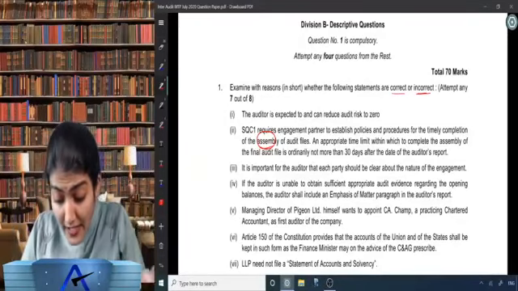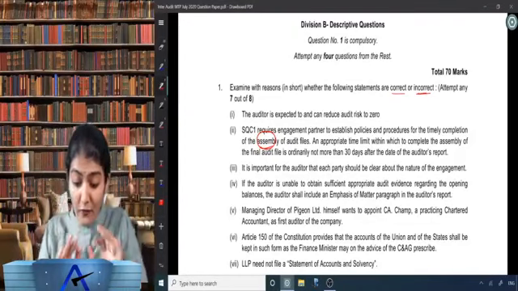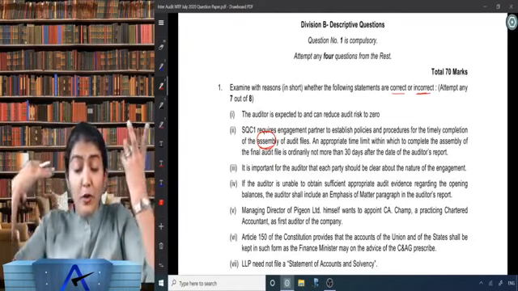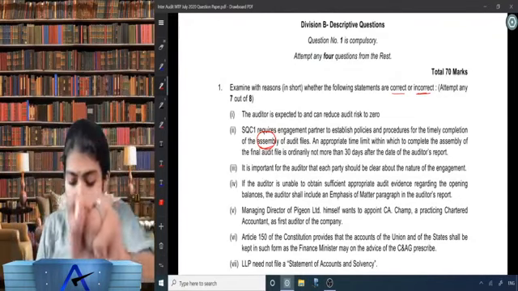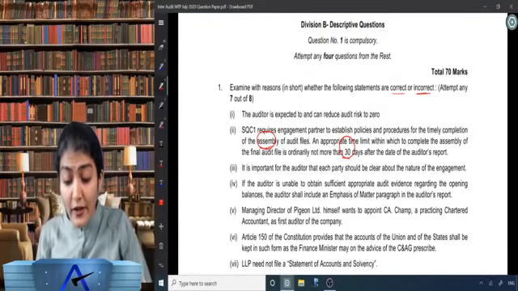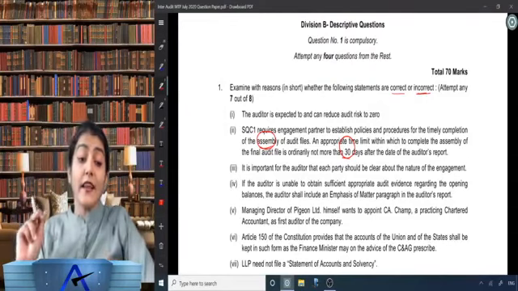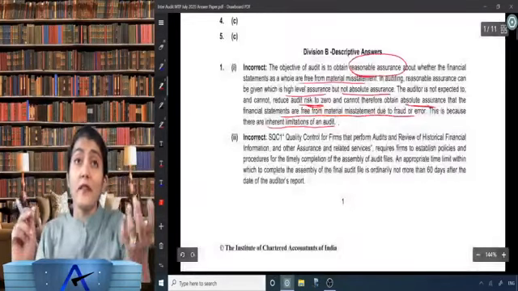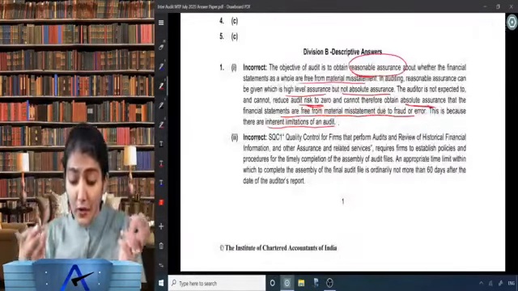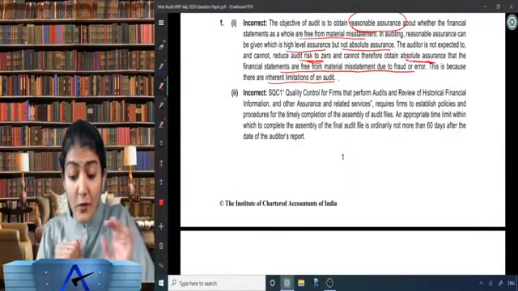An appropriate time limit within which to complete the assembly of the final audit file is ordinarily not more than, yes, did you catch the thief? Did you catch the thief over there? Not more than, right, what is written over there? 30 days after the date of the audit report. What is it? 60 days after the date of the audit report. Right, so SQC1.